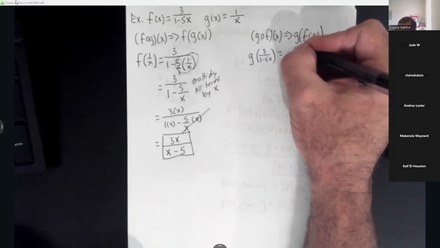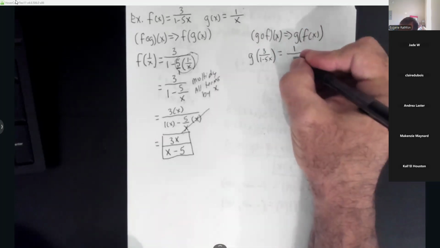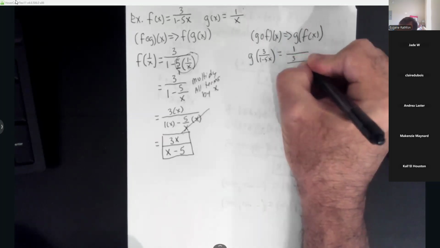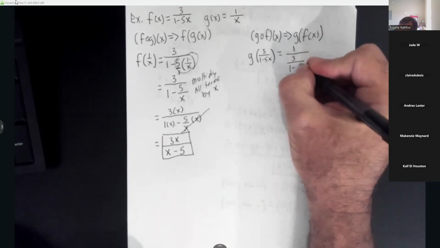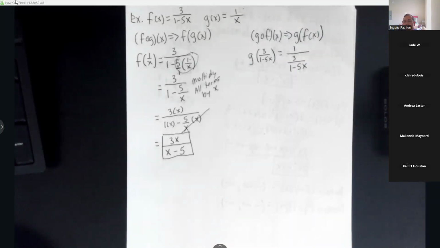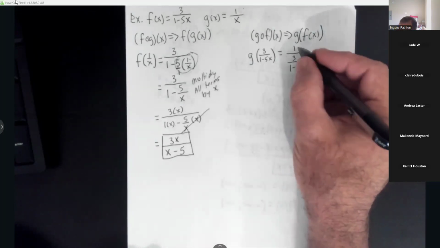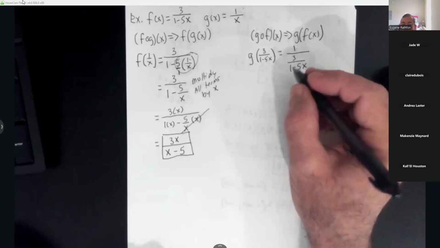So on top, I have a 1 divided by, and on the bottom, I have 3 over 1 minus 5x. This is considered as one fraction on the bottom, and then you have your 1 on top.